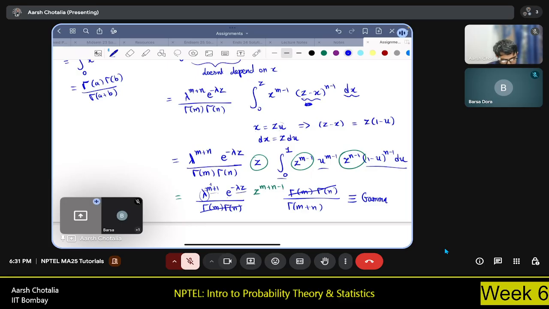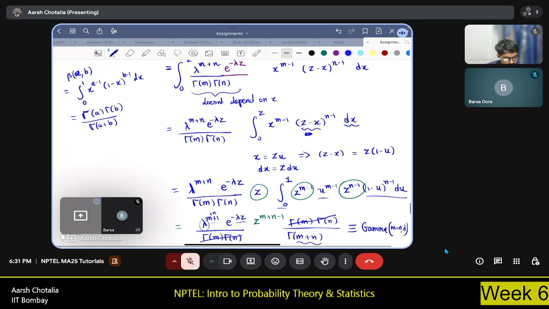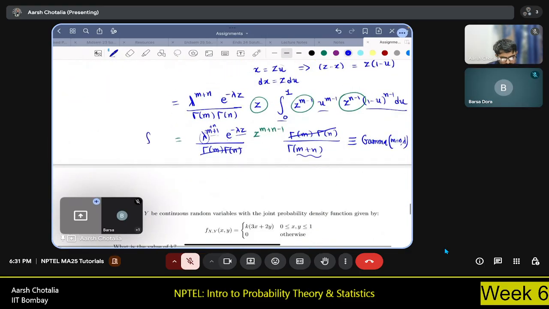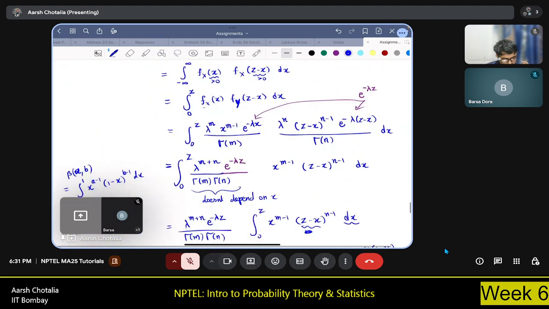So this becomes gamma of m plus n comma lambda. This is the exact form of the gamma distribution, which means the correct answer is this one, the first one.